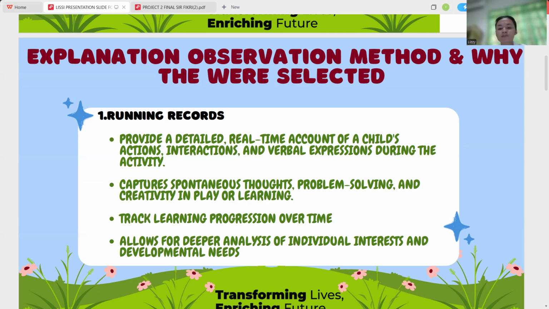During this method, the children can also compare the planets, because I chose the planets as my observation topic. They can make a connection between gravity and the movement of the planets in the solar system. As I said, it allows for deeper analysis of individual interests and development needs.